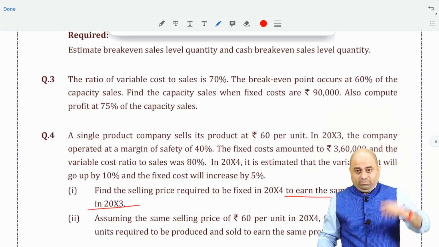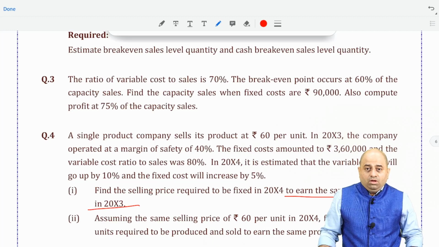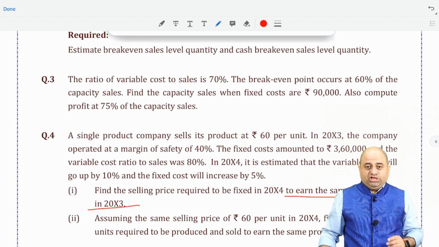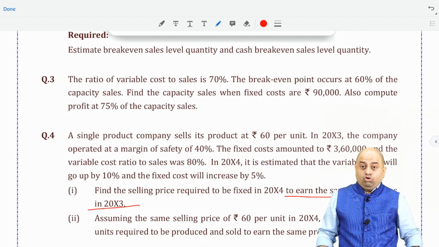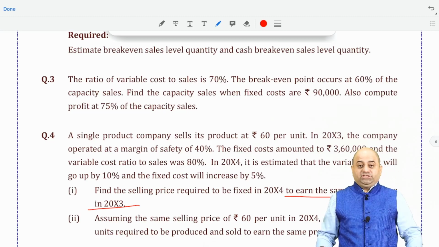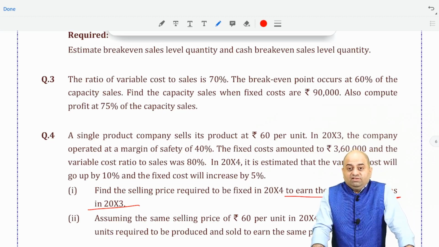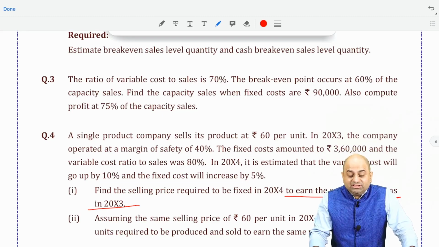At the same time, what I am trying to tell you is that they have asked you to change fixed cost and variable cost. Don't forget the basics here. Fixed cost in total will remain the same. Variable cost per unit will remain the same.